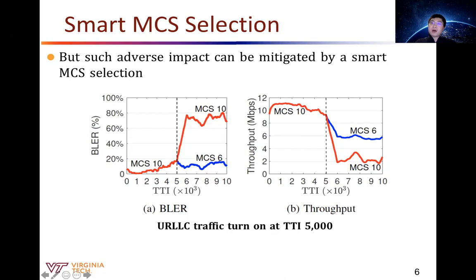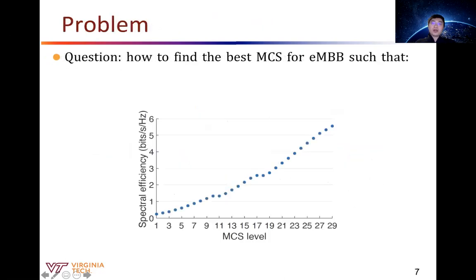So the idea is simple. When preemptive puncturing is present, we should always use lower MCS levels for eMBB transmissions compared to the case where we only have eMBB transmissions on the channel. Now the question becomes, how can we find the best MCS? That is the problem we address in this paper.